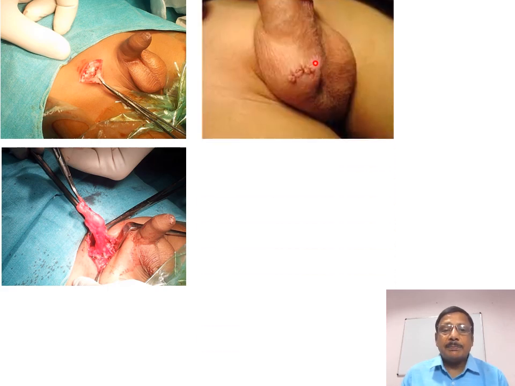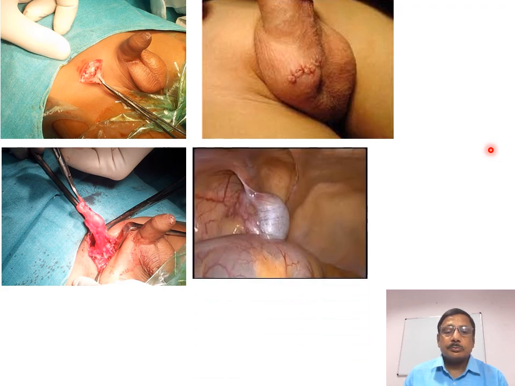And this is the final picture after you have placed the testis within the scrotum. This scrotum was initially empty. Now you can see on the left side this is swollen, on the right side also this is swollen, and in due course of time the testis will grow and both sides will become normal.